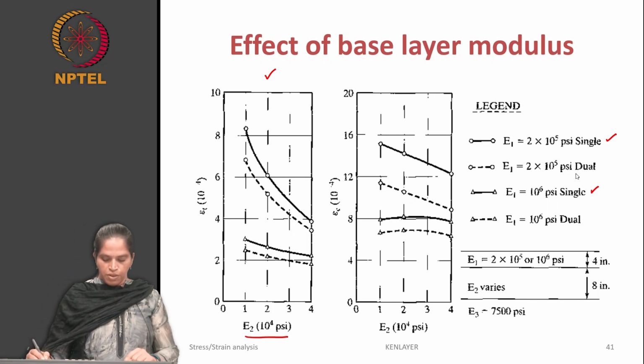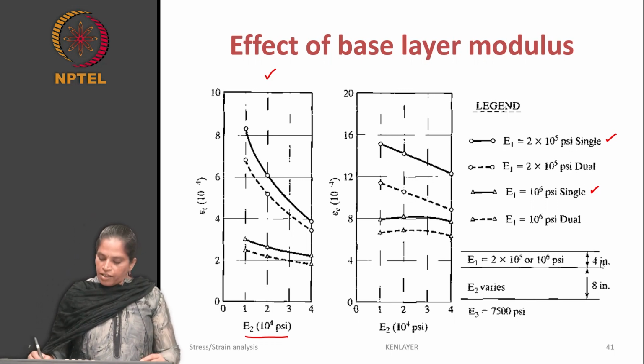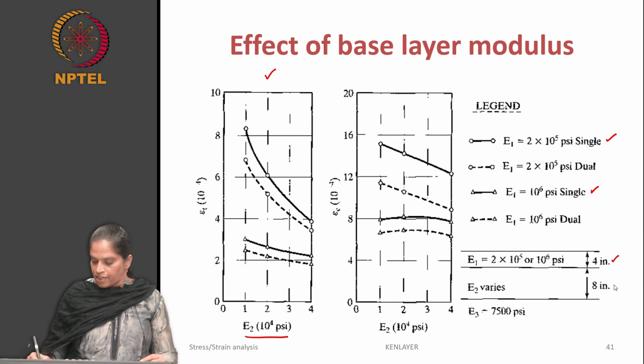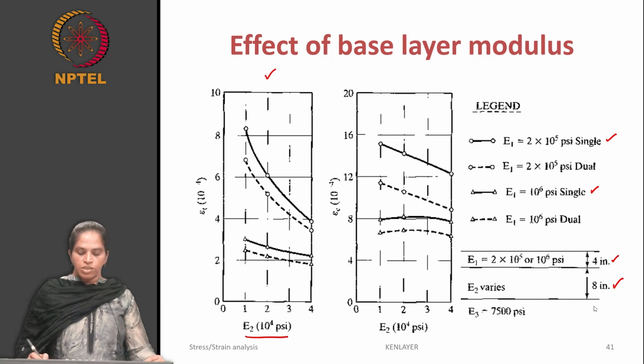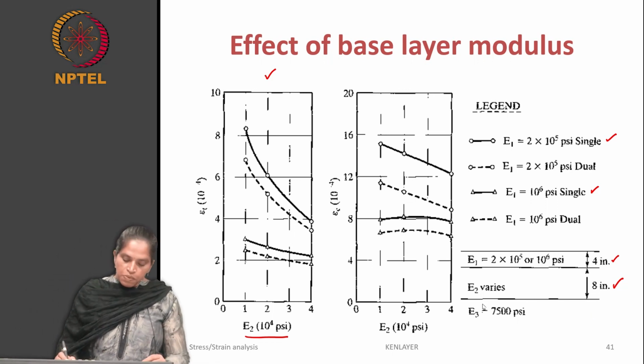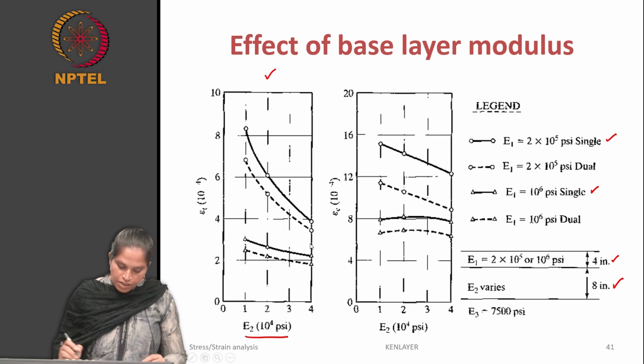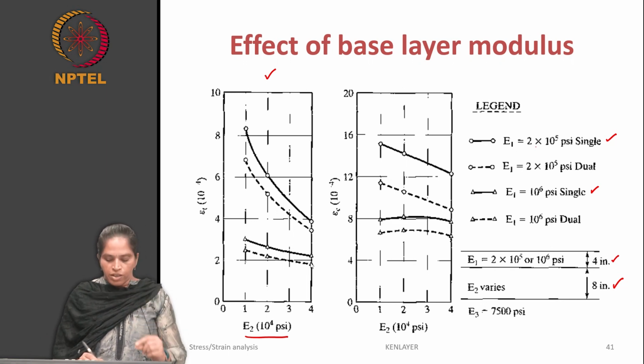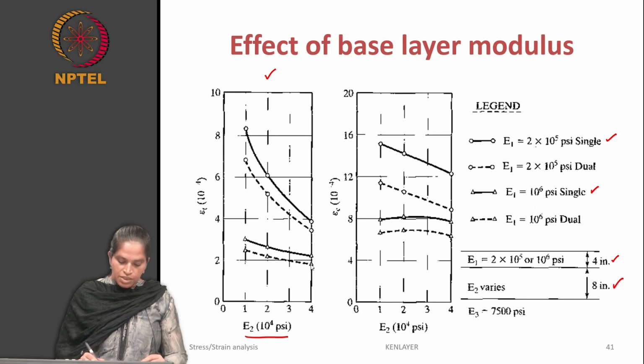So you have 4 cases here, and the thickness of the asphalt layer was kept as 4 inch and the base layer thickness was kept as 8 inch for all the simulations. Now if you see the cases here, on increasing the base layer modulus, epsilon T reduces only when the asphalt modulus is lesser, 2 x 10^5. When you provide an asphalt layer with a high modulus value, you don't see much change.